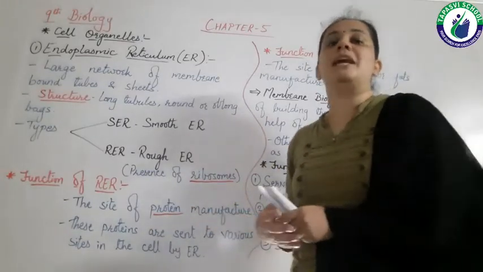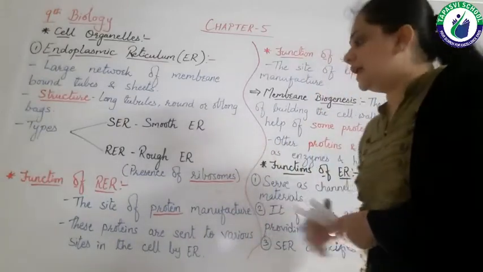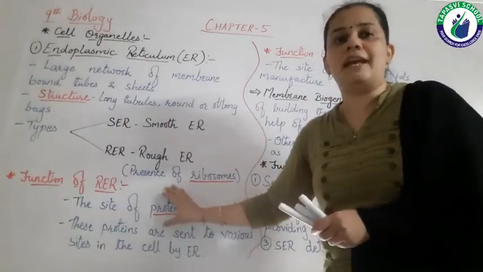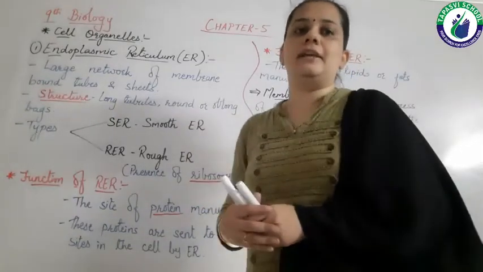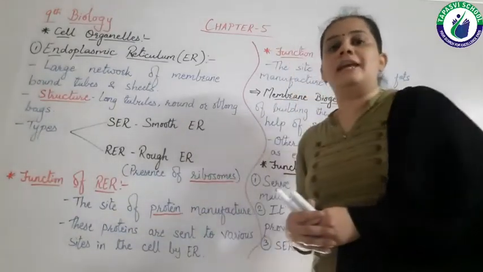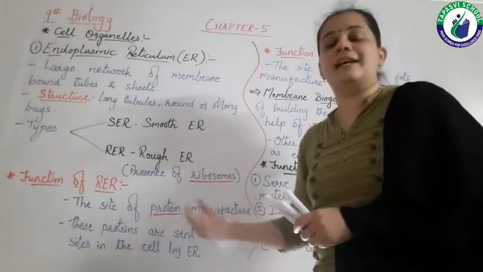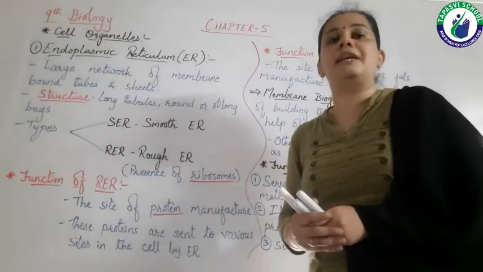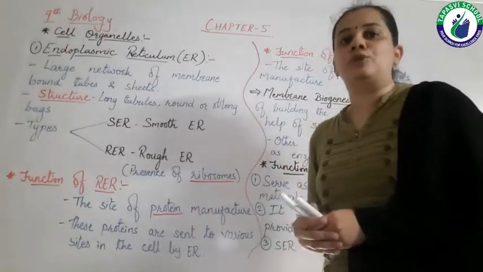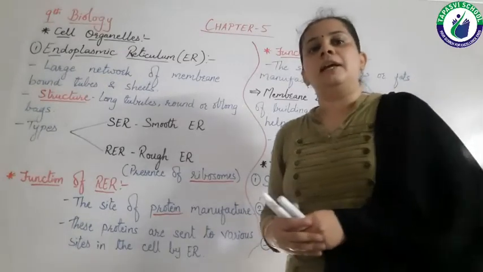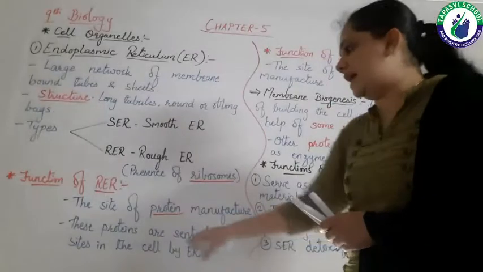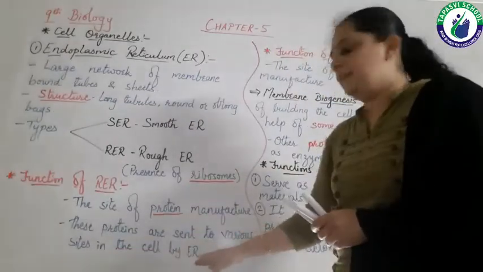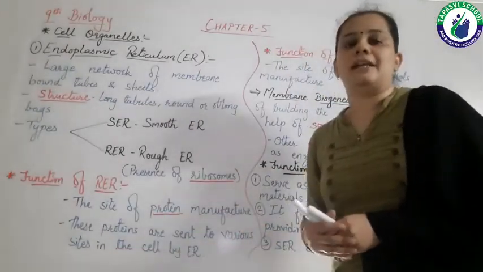Whenever these proteins are needed by any of the cell organelles, they are transported to different regions of the cell through the endoplasmic reticulum. So these proteins are sent to various sites in the cell by the endoplasmic reticulum.